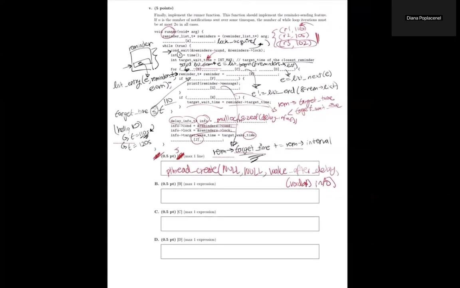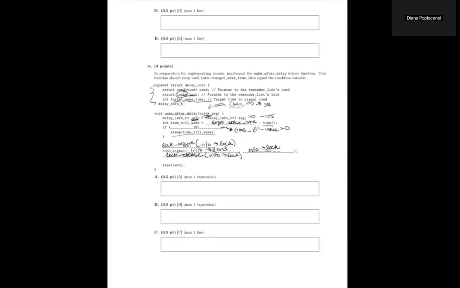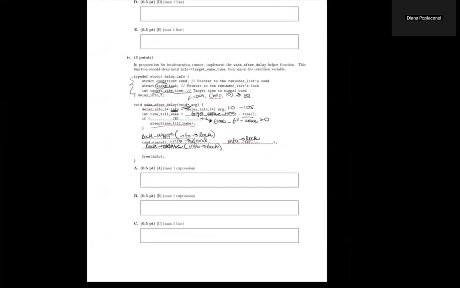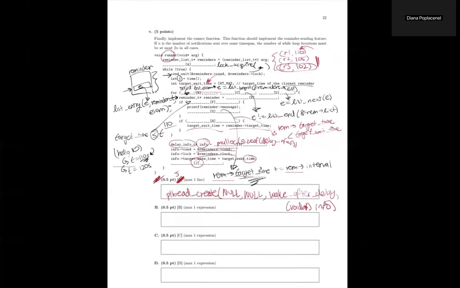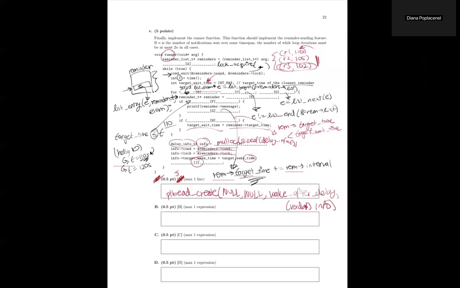So we have this relationship between runner and wake after delay, where every time we execute an iteration of this while loop, we're going to create a thread that runs wake after delay, sleeps for a bit, and in that time, runner is blocked on cond wait until someone signals it.